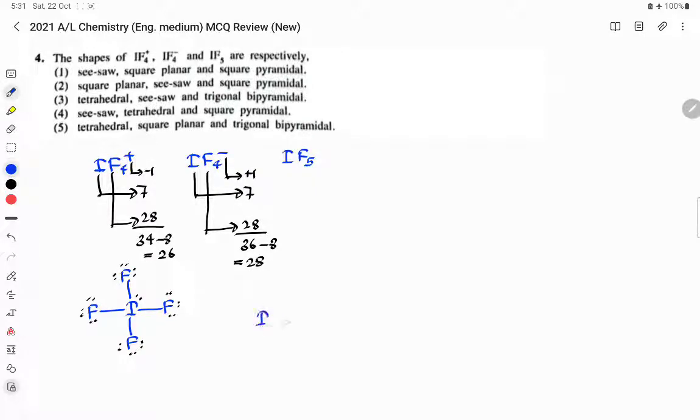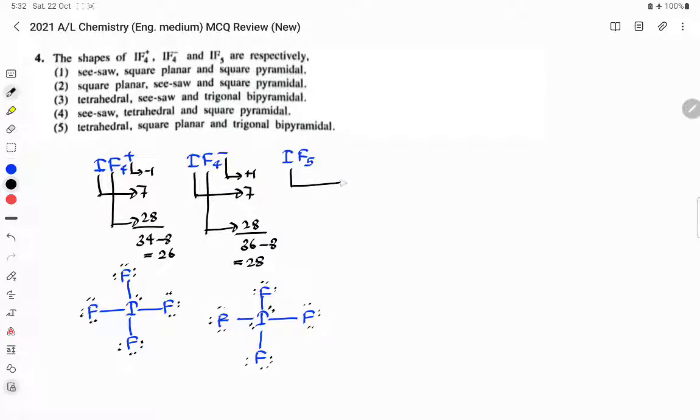So iodine has 4 fluorines attached. Then when we put the lone pairs, each fluorine gets 6 electrons, and those are 24. Therefore we have to put 2 lone pairs onto the iodine.